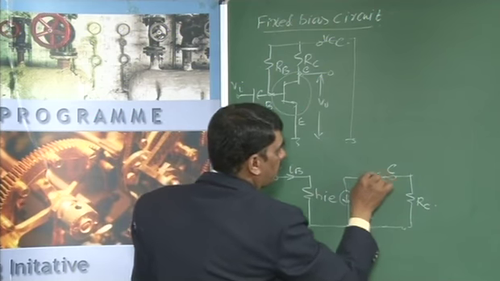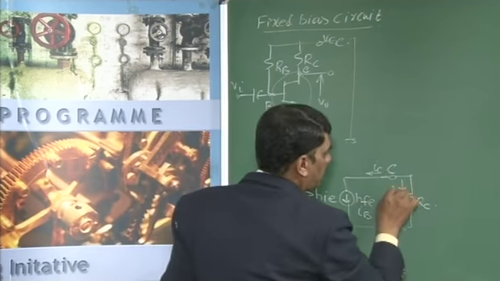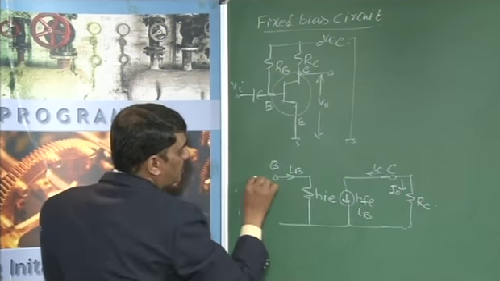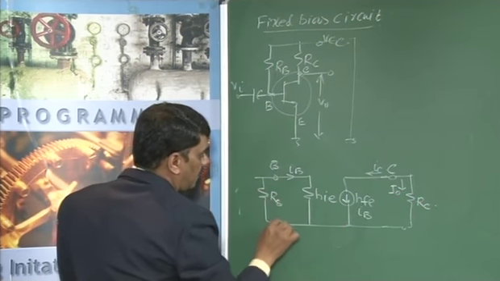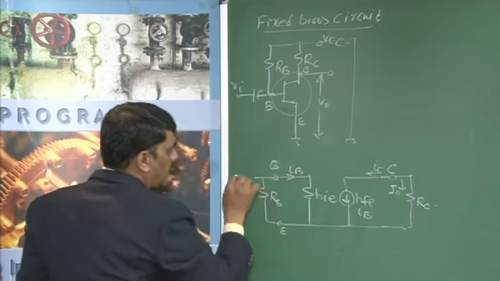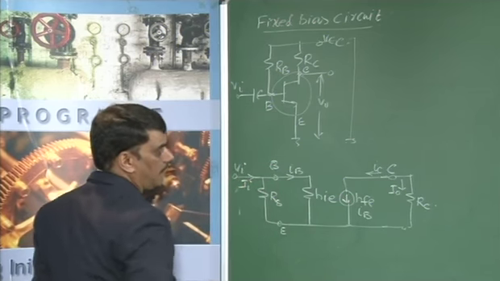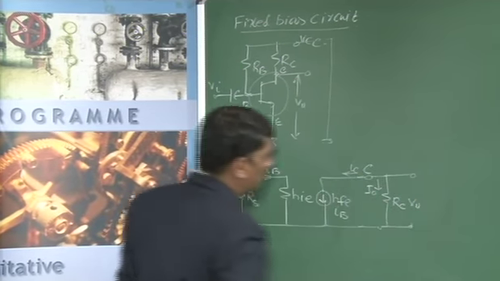The current flowing through it is IC, the collector current flowing is I naught, and RB is connected between the base and emitter, where you apply the input voltage Vi. The current flowing is Ii, and the output is taken across V naught.